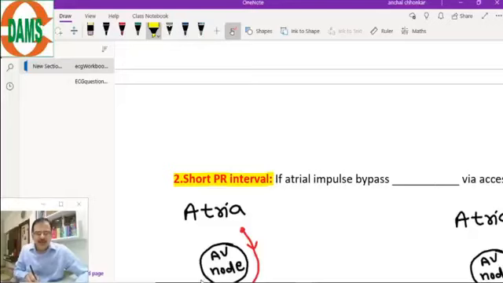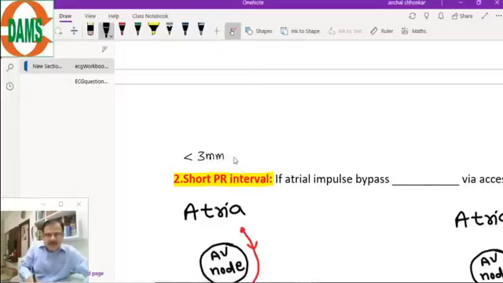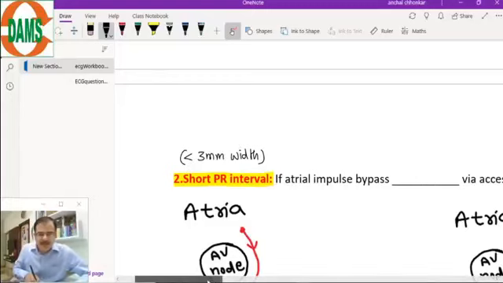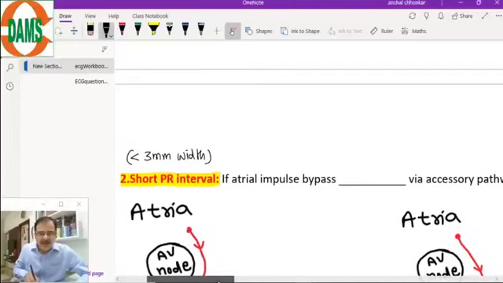And now the reason for the short PR interval, the PR interval will be less than 3 millimeter width. 3 millimeter of width will be the PR interval. Now the PR interval will get shortened.